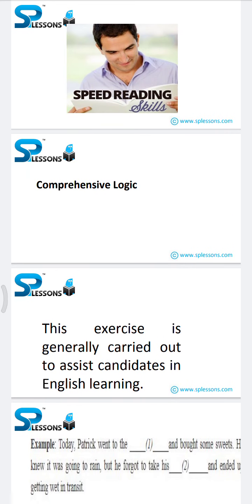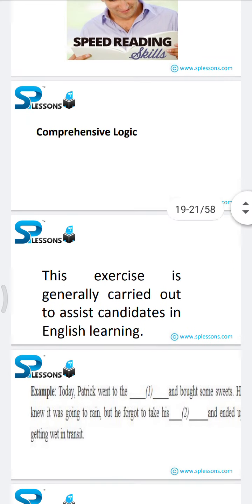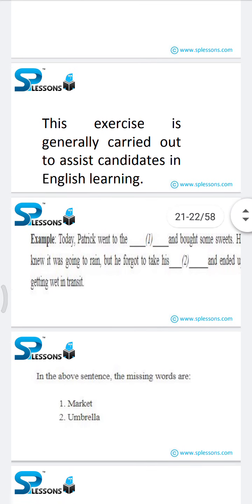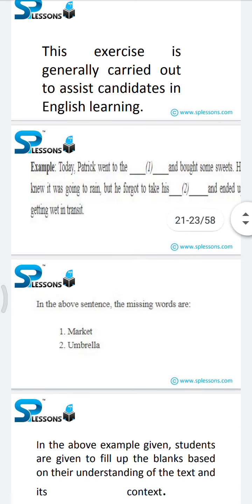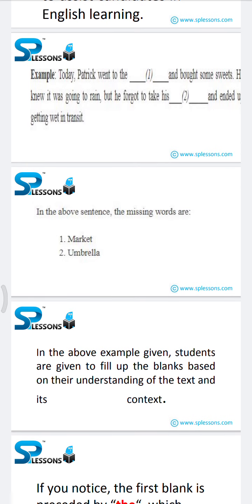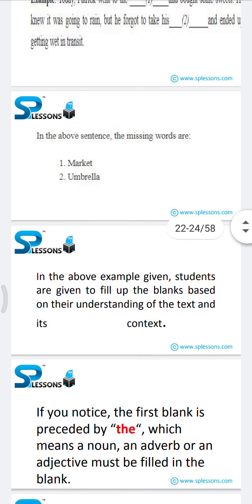Closed test also helps us maintain our comprehension and logical skills. This exercise is generally carried out to assist candidates in English language learning. Let's check one example. In the sentence provided in this video, the missing words are market and umbrella. Students are asked to fill in the blanks based on their understanding of the text and its context.